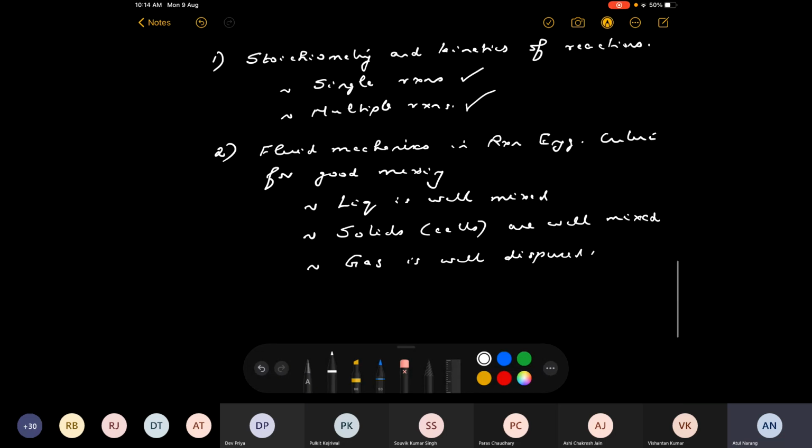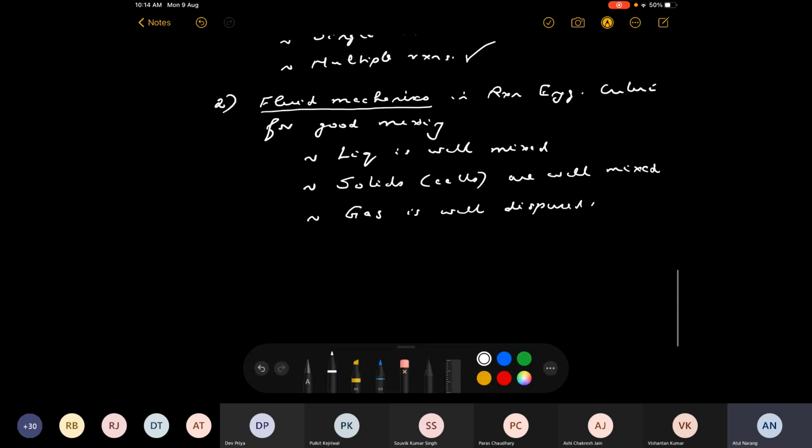So this is the part that covers fluid mechanics. And ultimately the net goal of all this is to find out what is the power required to achieve the above goal.